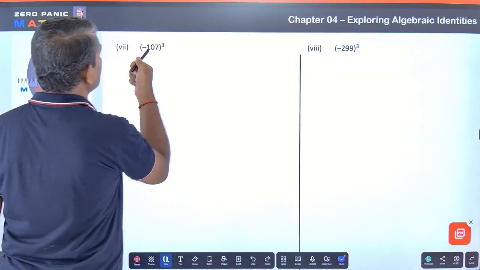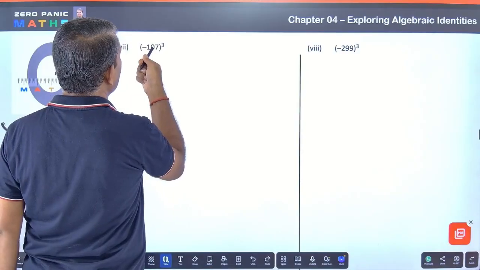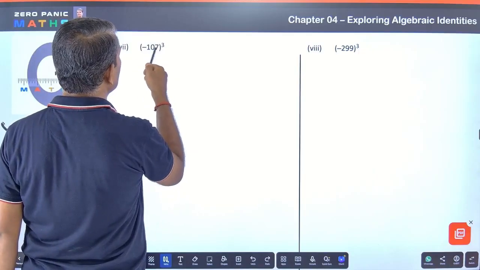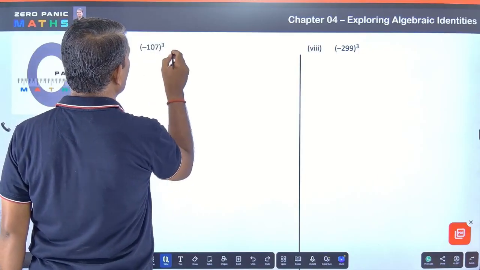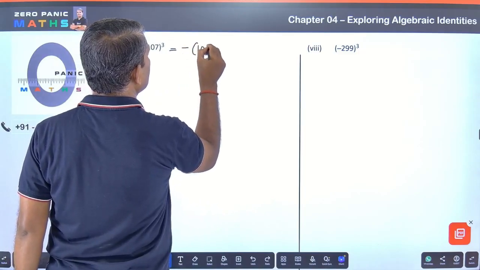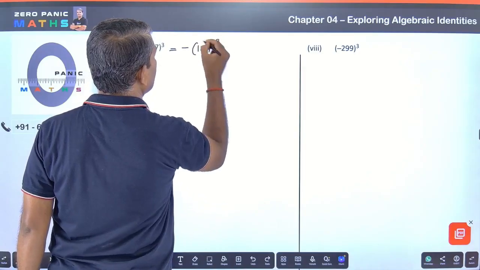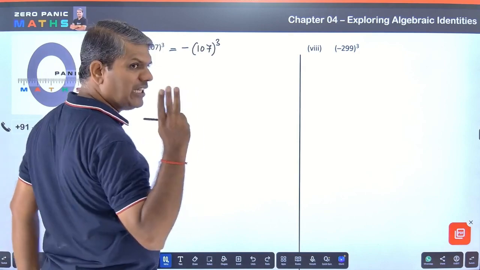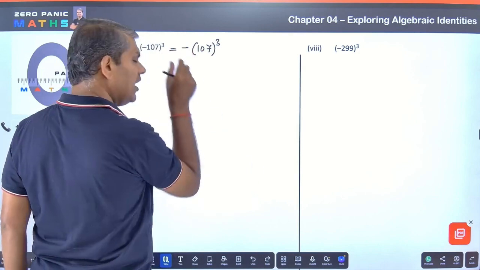So now this also looks like minus 107. Since it is a cube, I can take the minus out and write it as minus 107 cube, because if you multiply minus three times, it is going to remain minus only.